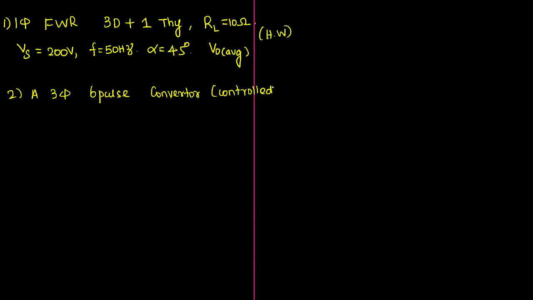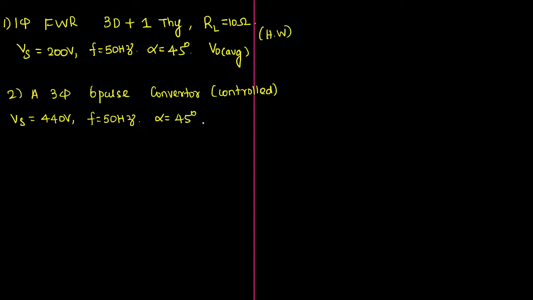Controlled means they are using only thyristors, no rectifiers. Three-phase 6-pulse converter. Supply voltage is given as 440 volt. Frequency is given as 50 Hz. And firing angle alpha is also given as 45 degree.